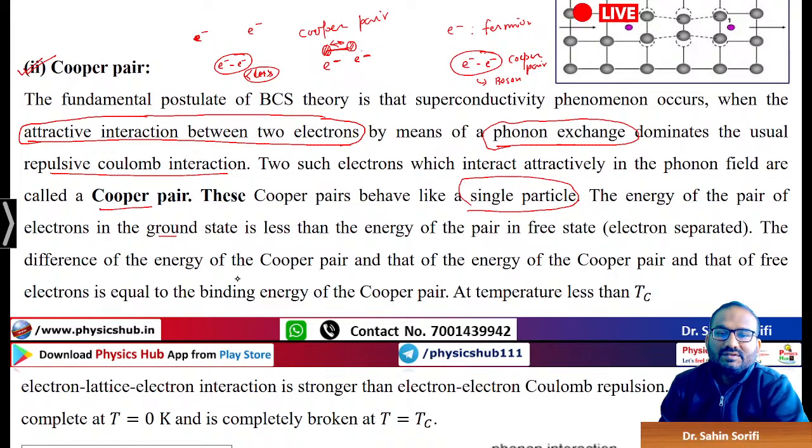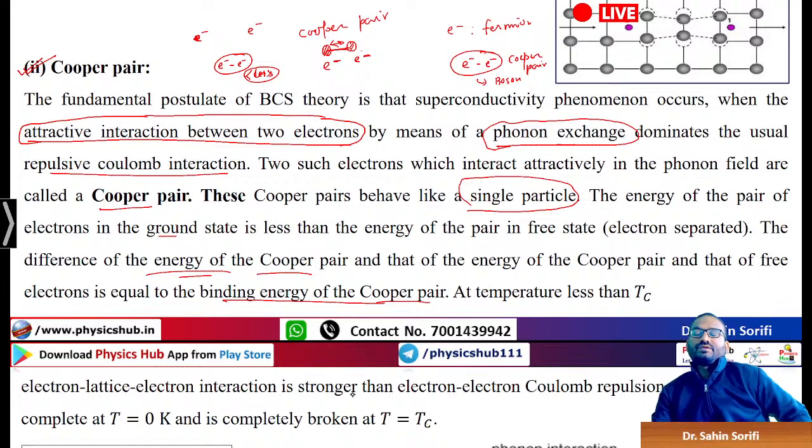The difference between the energy of the Cooper pair and that of the free electrons is equal to the binding energy of the Cooper pair.